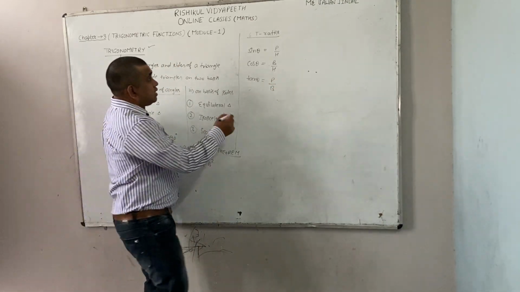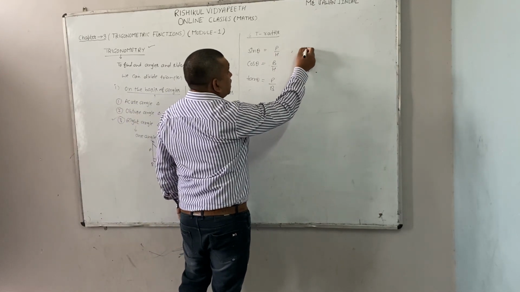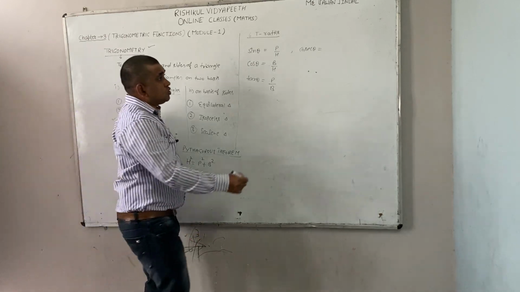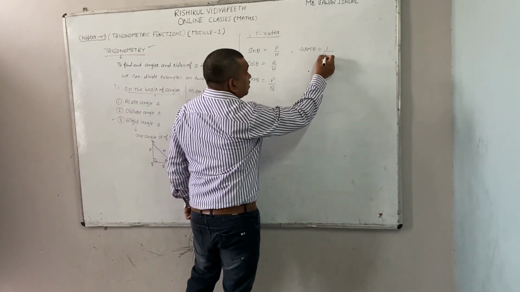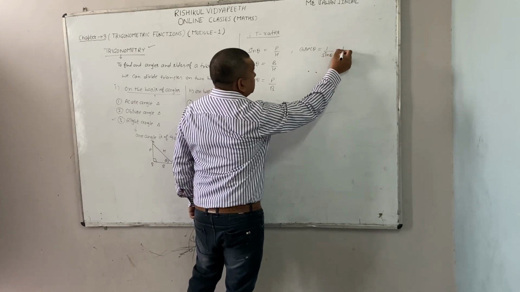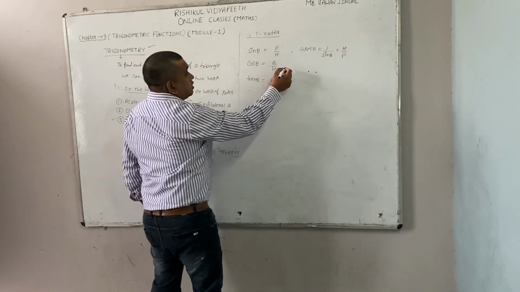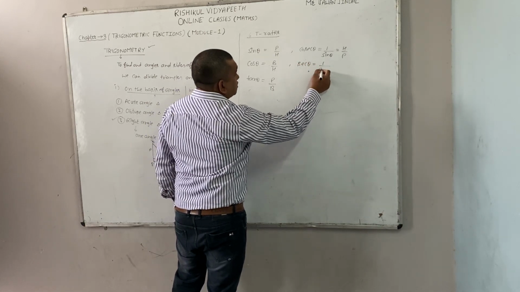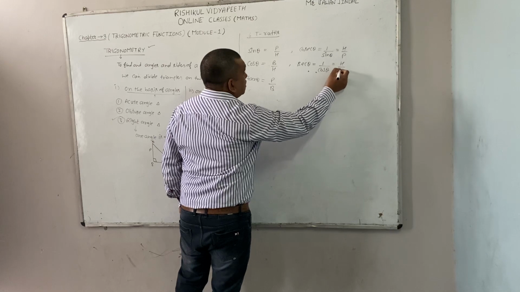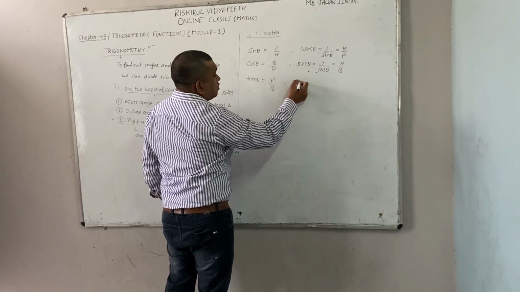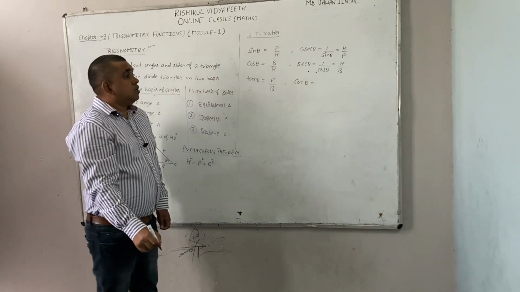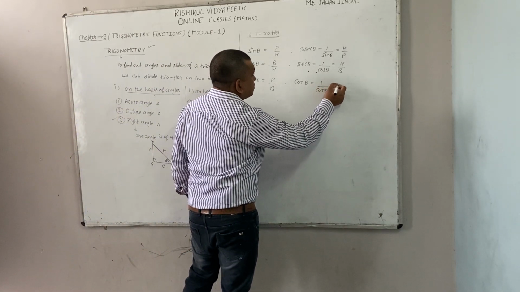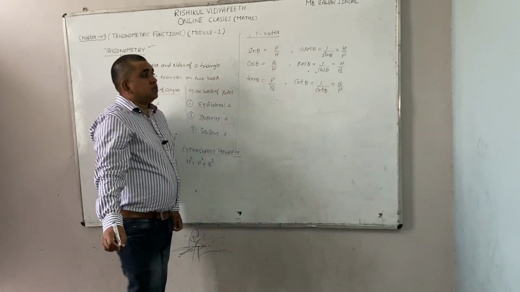These are the 3 trigonometric ratios, and 3 are reciprocal of them. Reciprocal of sin theta is called cosecant theta, 1 upon sin theta, equal to h by p. Reciprocal of cos theta is called secant theta, equal to h upon b. Next is reciprocal of tangent theta, that is cot theta, equal to b upon p.